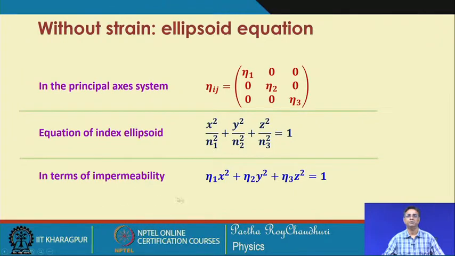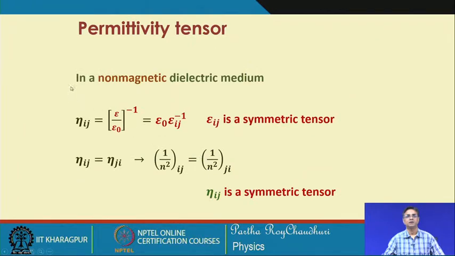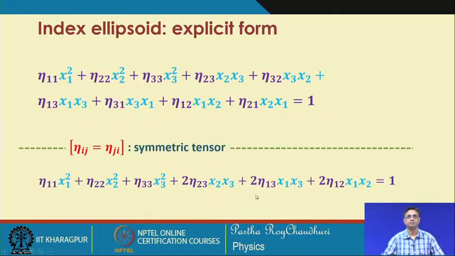In terms of impermeability, this equation can be written in this form, because 1 by n_1 square is eta 1, 1 by n_2 square is eta 2, and so on. In a non-magnetic dielectric medium, this is a symmetric tensor, eta_ij equals eta_ji, because of the symmetric nature, which actually helps in the index contraction. We will see how this symmetric nature reduces the task of algebraic manipulation.